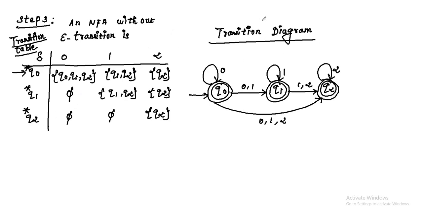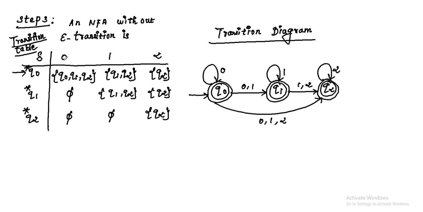Finally, draw the transition diagram using the transition table. So totally we have 3 states, q0, q1, q2. Here the starting state is q0 and the final states are q0, q1, q2. Here I mark the double circle. So the starting state is q0 and the final states are q0, q1 and q2.